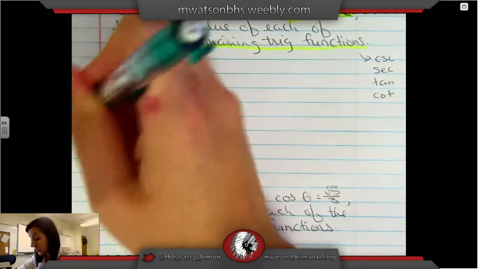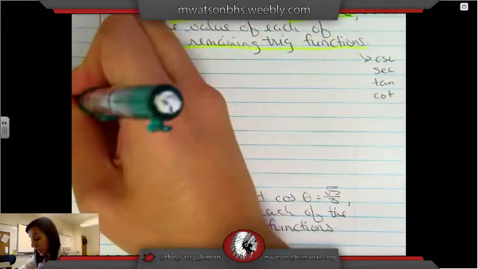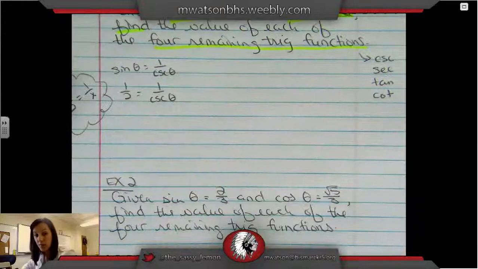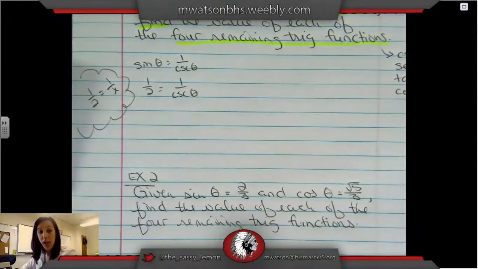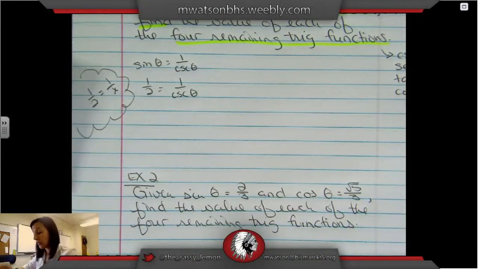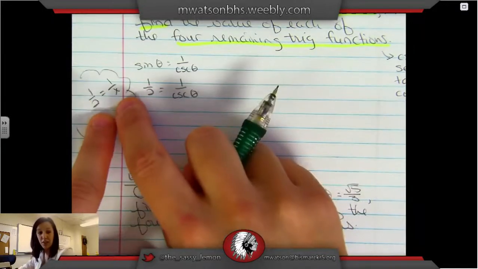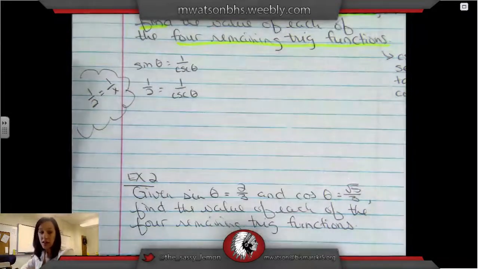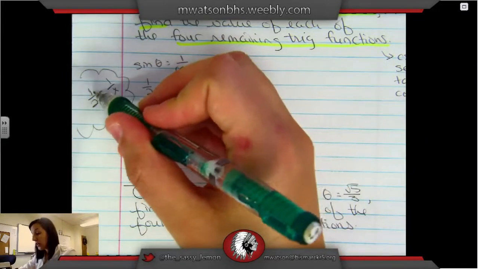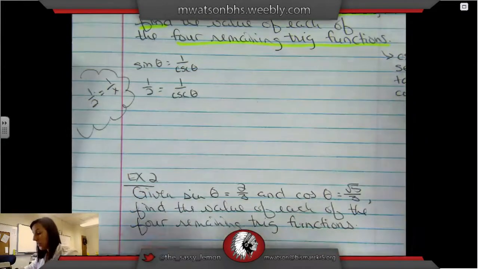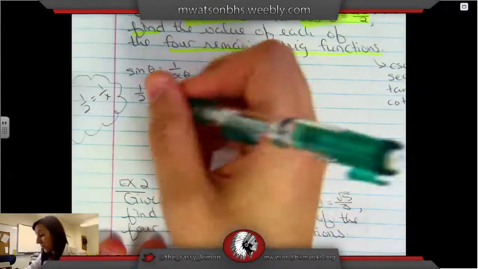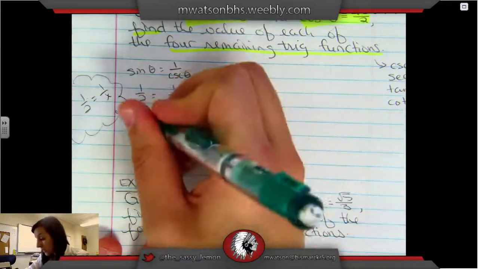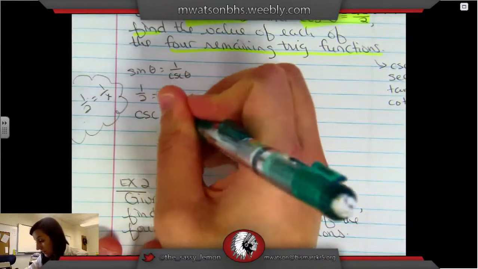So we're basically going to solve this like we would 1/2 equals 1/x. Hopefully you can recognize that the numerators are the same, so the denominators are the same, so my variable equals 2. If that logic doesn't make sense to you, you could also cross multiply because it's a proportion. But I'm going to assume you recognize that since the numerators are the same, the denominators are as well. So that means cosecant theta equals 2.